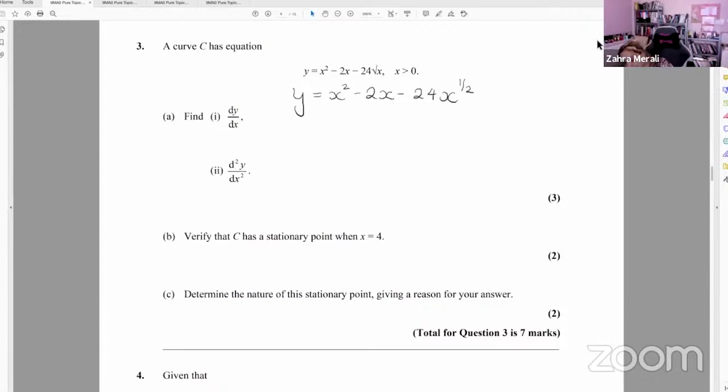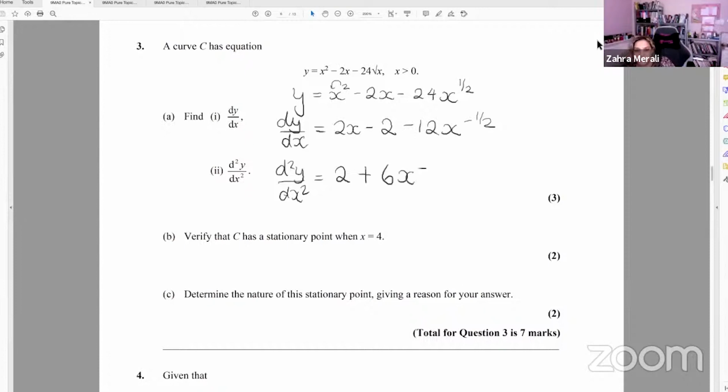So now I can differentiate it. I bring the 2 down, I get 2x minus, that's 1, so it's just 2. A half times minus 24 is going to give me minus 12. A half take away 1 is minus a half. And then I'm going to differentiate it again, leaving me with 2 minus 12 times minus a half. So a minus and a minus is going to make a plus, 6x to the minus 3 over 2.